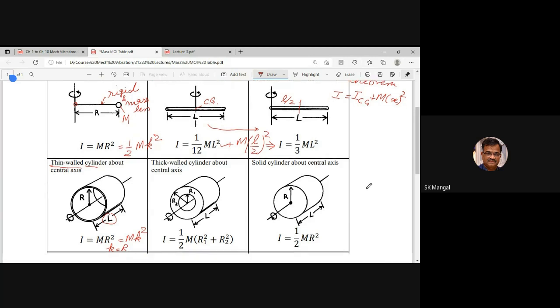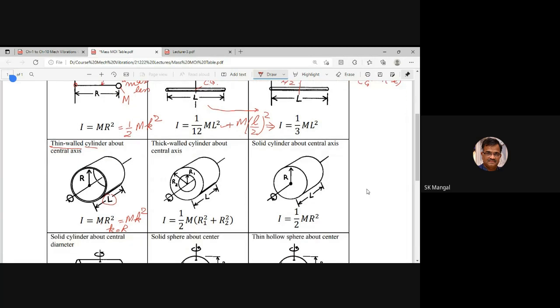Similarly, when you are having a thick wall cylinder, here the thickness is very small. But if the thickness is quite appreciable here, then moment of inertia about this axis is given by half m times r1 square plus r2 square.